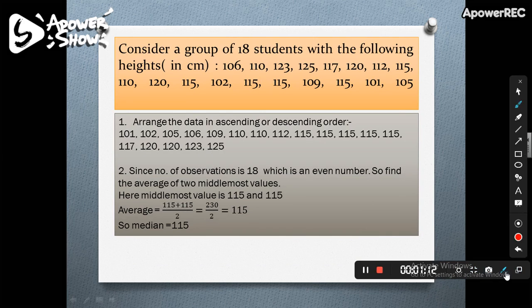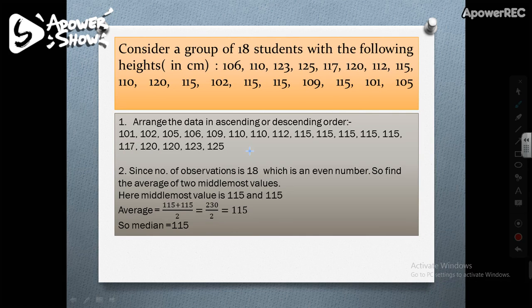So here the problem is, when we try to find the middlemost observation, we get two numbers in the middle. So again, try like this: 102, 123, 105, 120, 106, 120, 109, 117, 110.